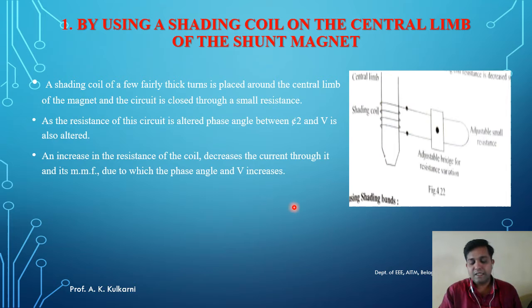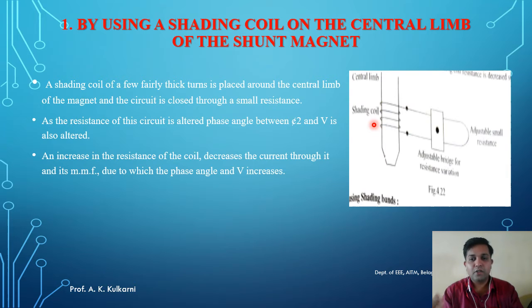This is the circuit representation for the shading coil, which is wound on the central limb of the shunt magnet like this. This is the central limb and the shading coil is wound around it, and an adjustable small resistance is provided for this shading coil.